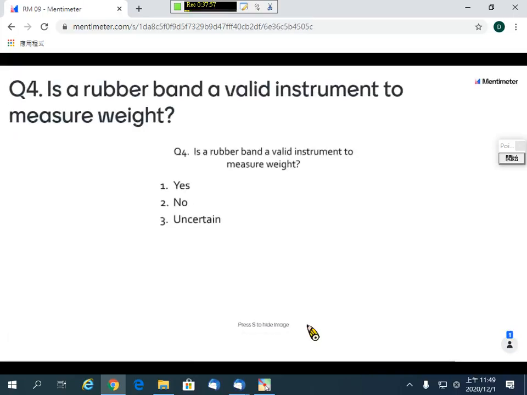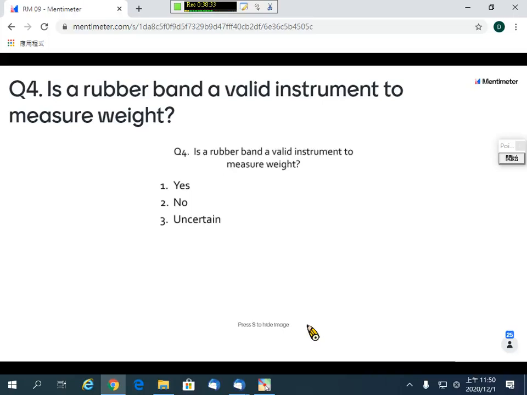How about this one? Okay, so is a rubber band a valid instrument to measure weight?